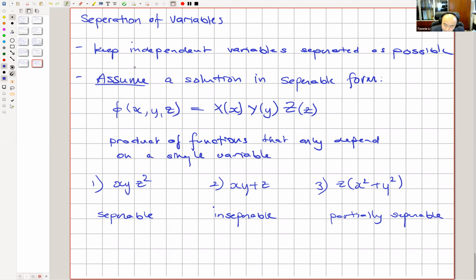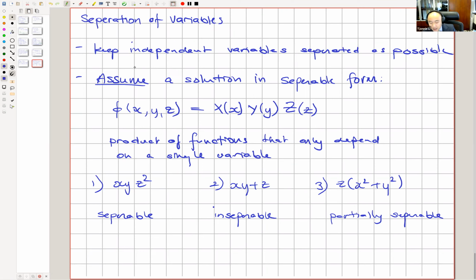Okay. Now, it should be noted that whether the function is separable or not does not have anything to do with whether there are any connections between the function x, the function y, and the function z. So don't make any assumptions now.